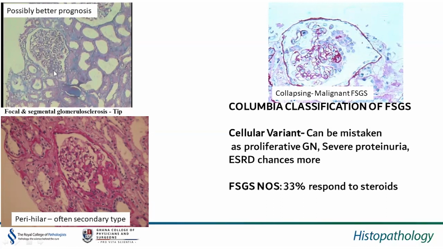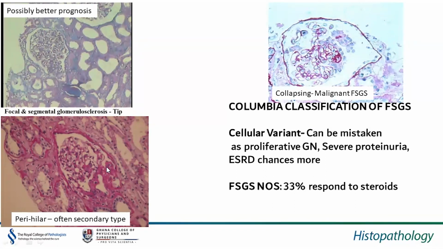It may not really show sclerosis, though not very well seen in this picture because I didn't have a better picture, but there may be foam cells present within the affected portion of the tuft, giving it a pale appearance, or there may be hyaline glassy material present there. And this is known as the tip variant of FSGS. The sclerosis is not often prominent. It more often has a more cellular look. And this is possibly thought to have a better prognosis among all the types of FSGS.